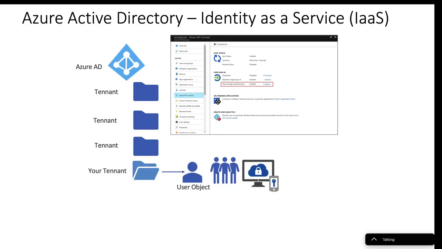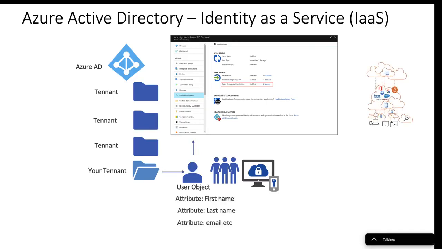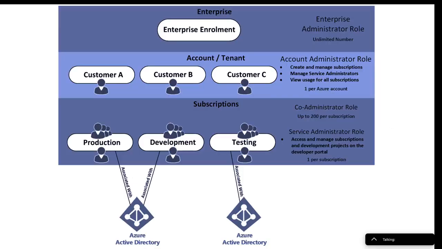And again, you can create users, groups, devices, and so on. And like before, these devices also give you access to multiple resources. And again, they have attributes, first names, last names, and email addresses, and so on. And the nice thing about Azure is you can have multiple customers. So you can have multiple accounts, different tenants, and you can share resources between those tenants.